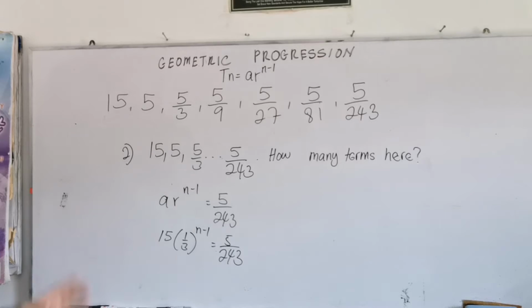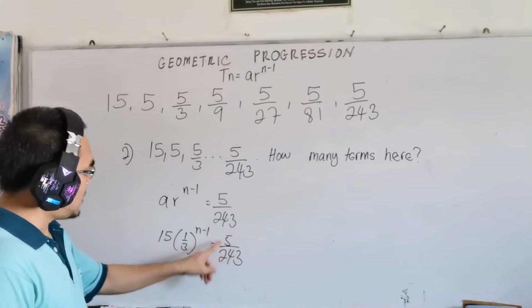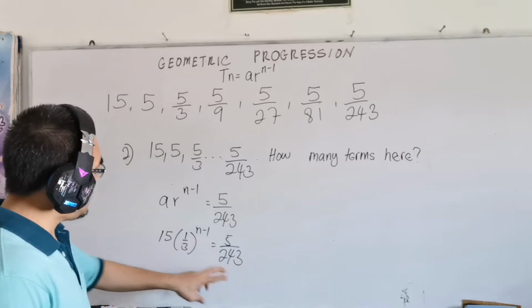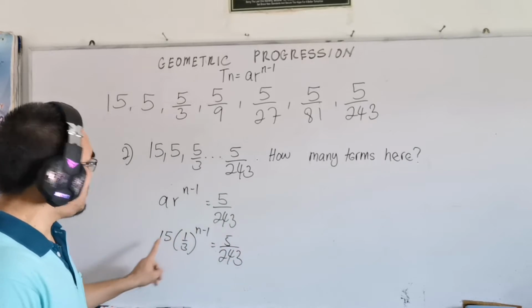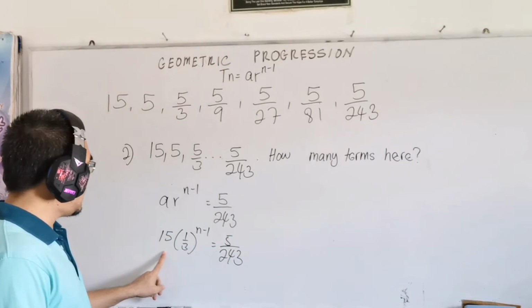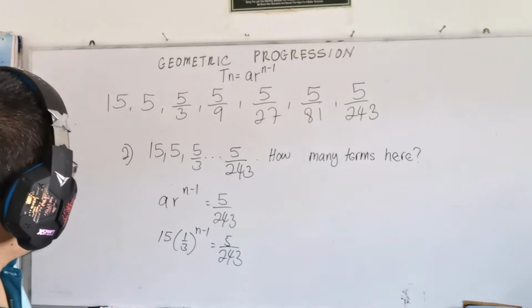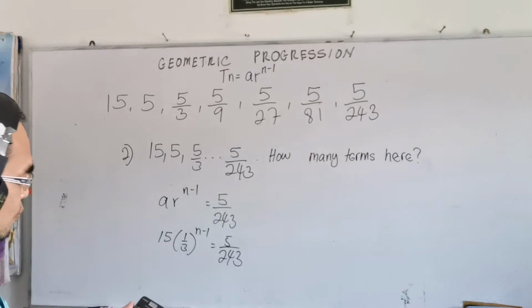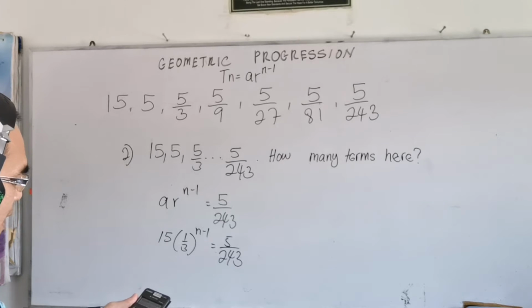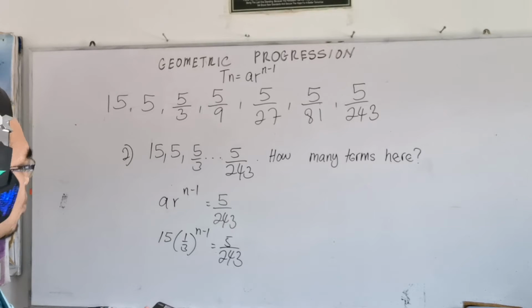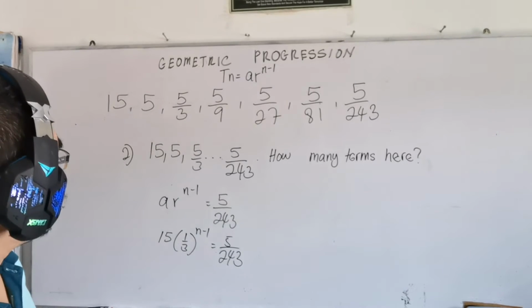First, you divide this by 15, because you move the 15 to the other side. So 5 over 243 divided by 15, you get 1 over 729.